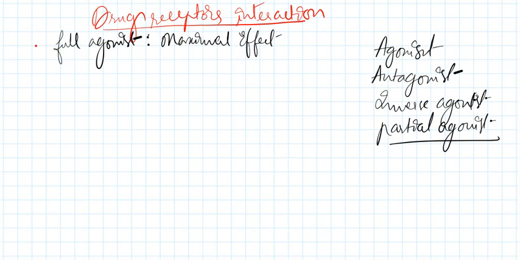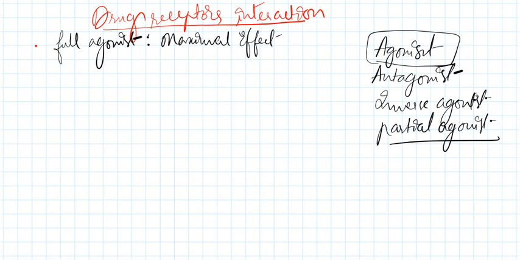Agonist means your parents, daddy and mummy. They support your effect. What you do, they will support the action. So which supports or produces the maximum effect, the similar effect that a substrate does, is called an agonist.